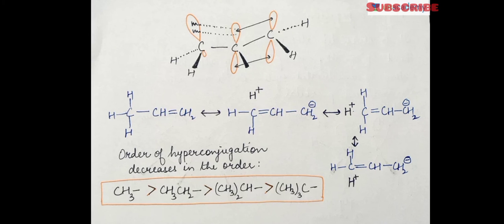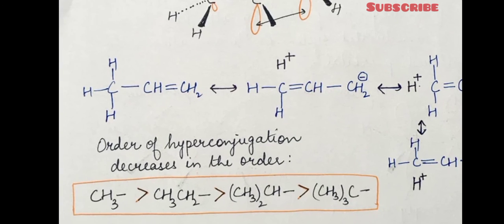So by looking at this, we can say that the stability of the hyperconjugation effect decreases in the order: CH3, which would be the most stable because it has three carbon hydrogen sigma bonds, followed by CH2CH3 because now the number of carbon hydrogen sigma bonds has reduced to 2.